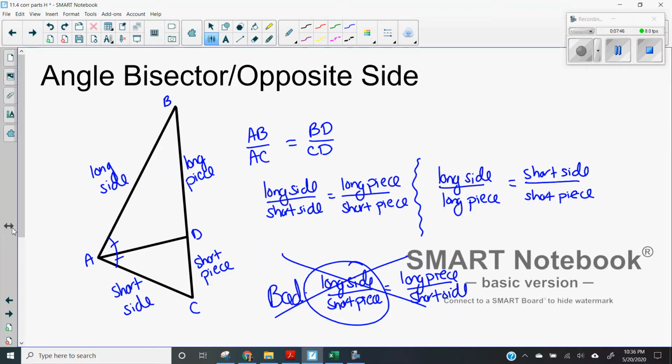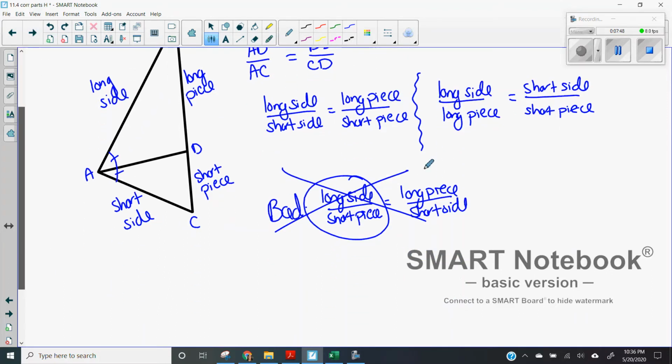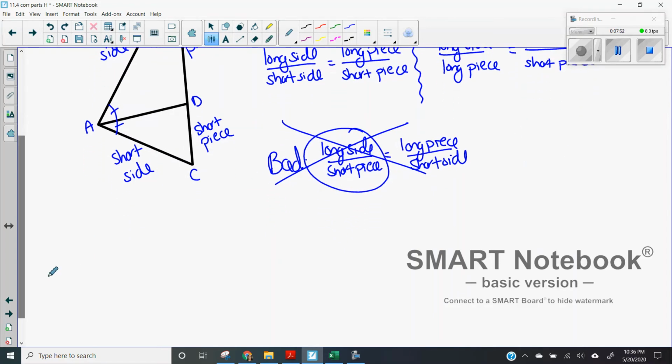Oh, you know what? Let's write the conjecture down. It's stated in these proportions, but let's write it out in case you're having trouble following.